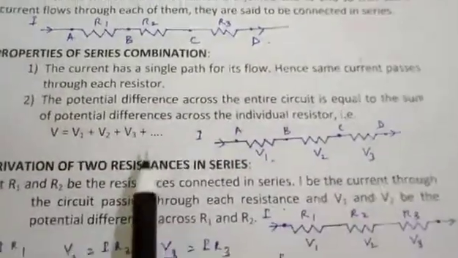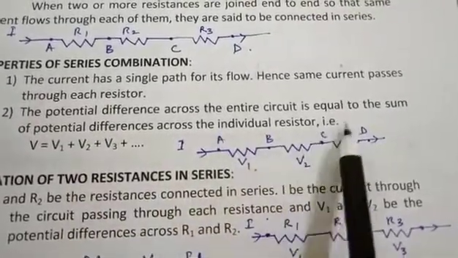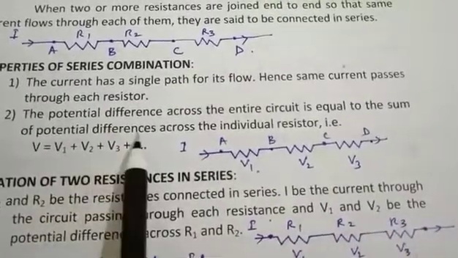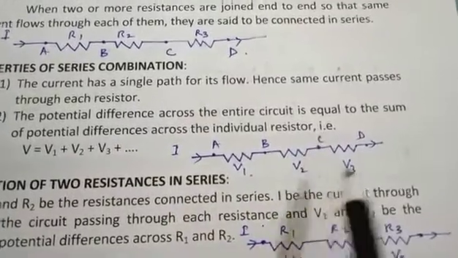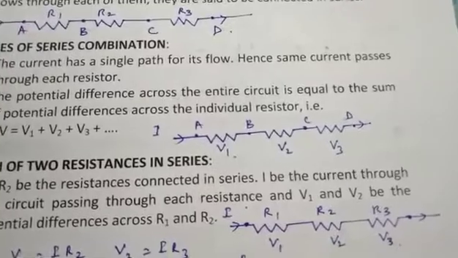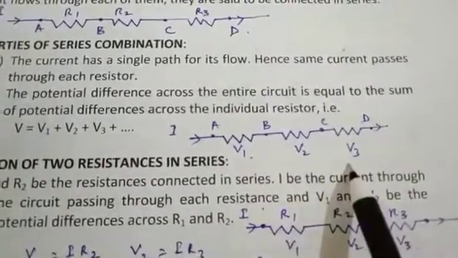Then the point number 2 is the potential difference across the entire circuit is equal to sum of the potential differences across the individual resistors. So if you look at the diagram here, let the potential of the first be V1, other be V2 and the third one is V3.